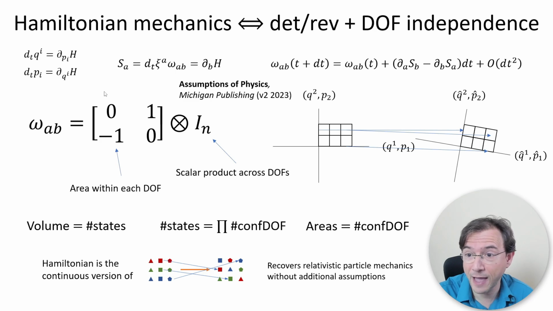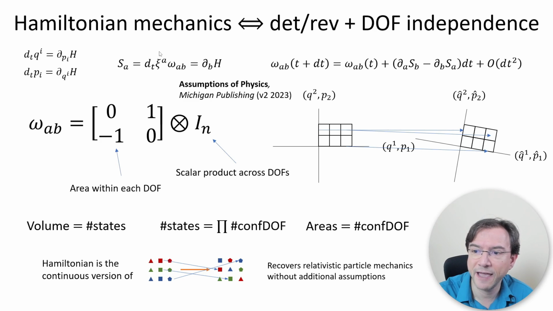What we have found is that Hamiltonian mechanics is exactly the deterministic and reversible evolution of finitely many independent degrees of freedom. So if these are Hamilton's equations, we can rewrite them in a more generalized way. Instead of writing position and momentum, we write these C variables that span both position and momentum.